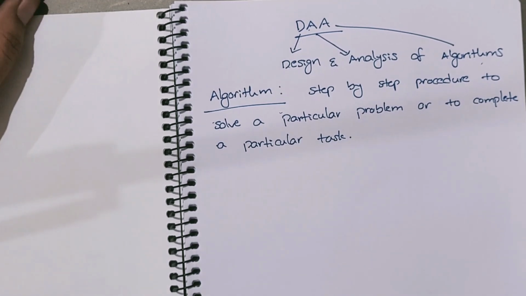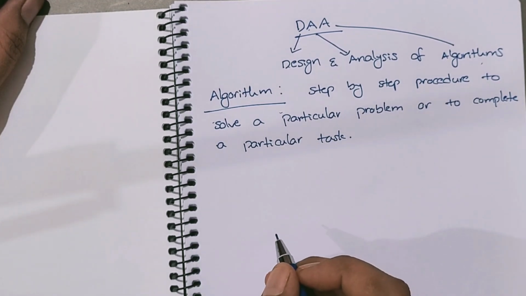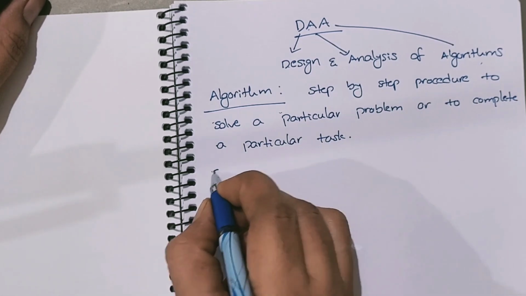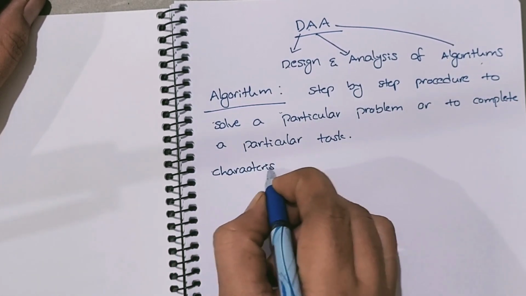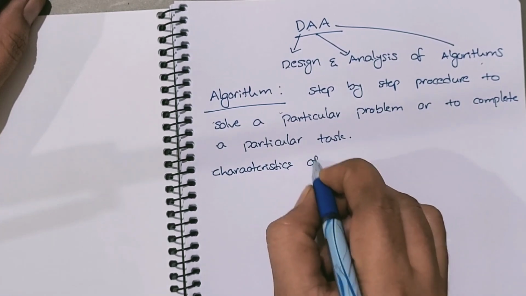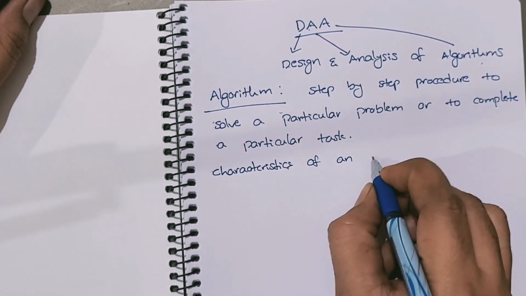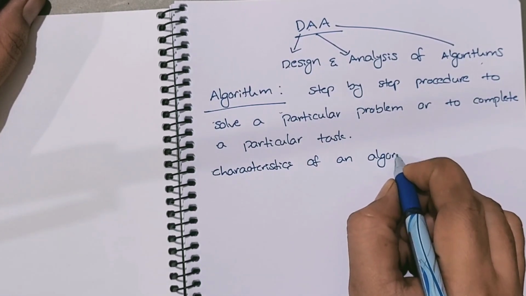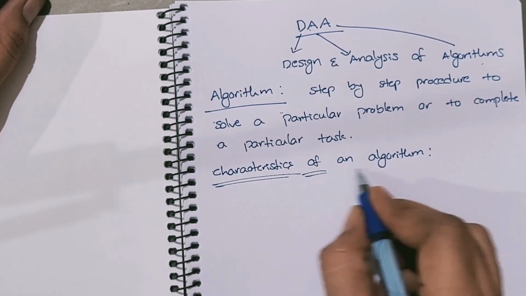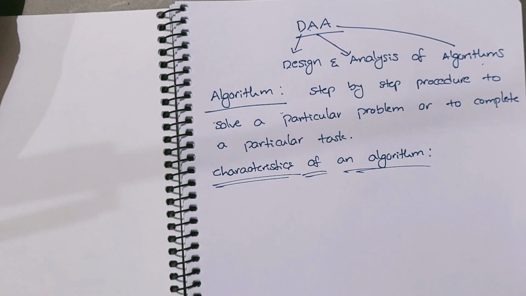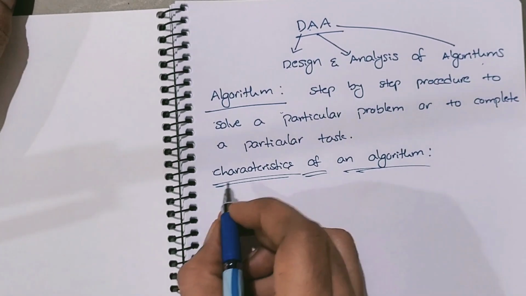Now we will see what are the characteristics of an algorithm. There are totally 5 characteristics of the algorithm.